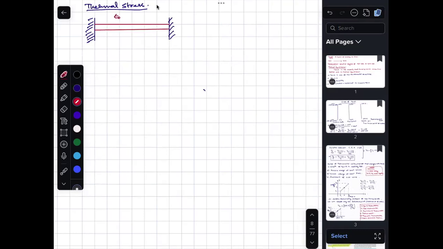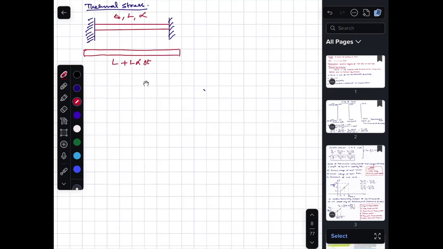And at some temperature T naught, the length is L, made of material alpha. Now you are heating this. Honestly, what you will expect is the rod needs to take a length this much. But you are not allowing the rod to expand that much.